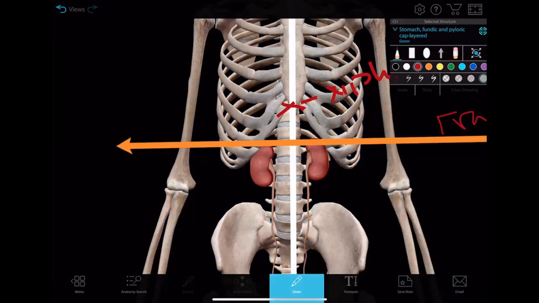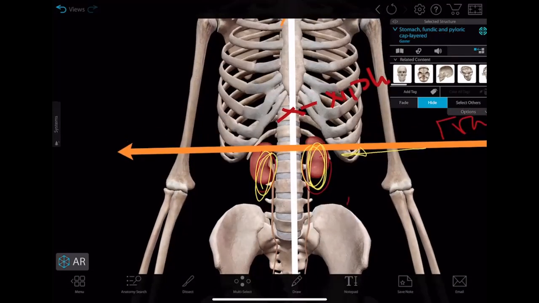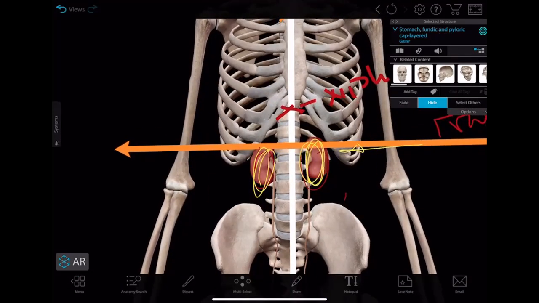The transpyloric plane passes through the kidneys like this. Okay, that is transpyloric plane.